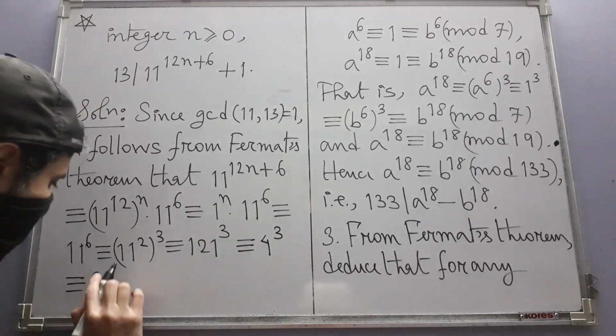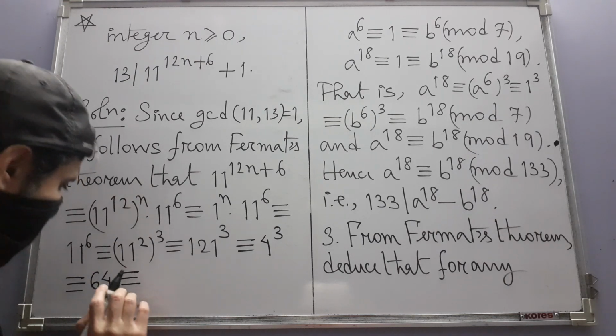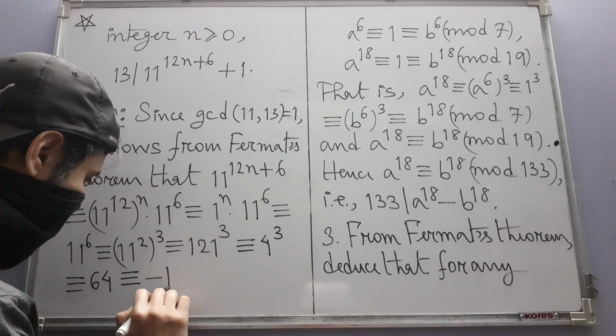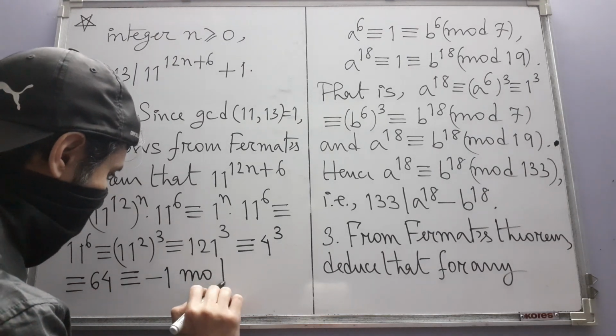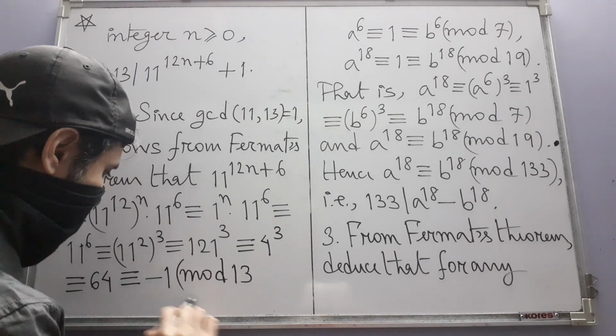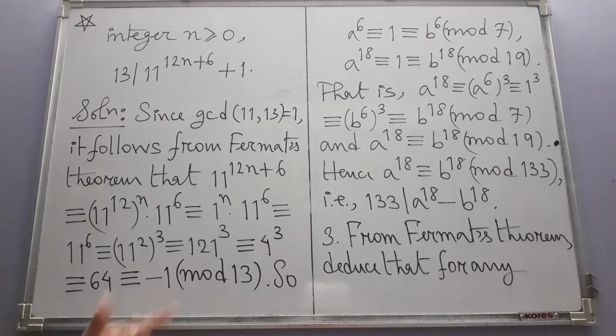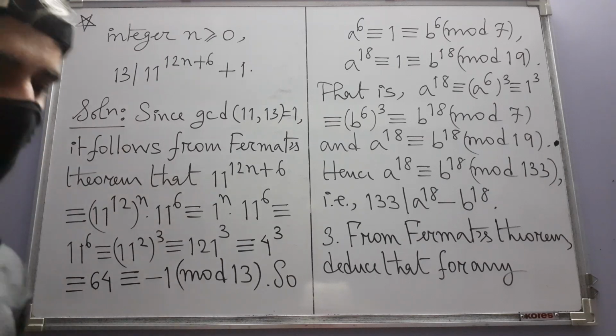That means 65 is divisible by 13, so 64 is congruent to -1. And finally we write the modulus. So this plus 1 is divisible by 13.